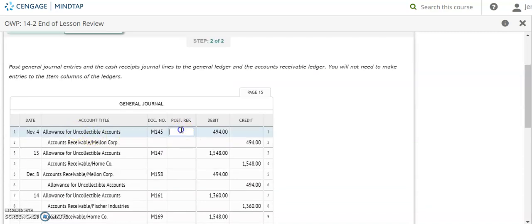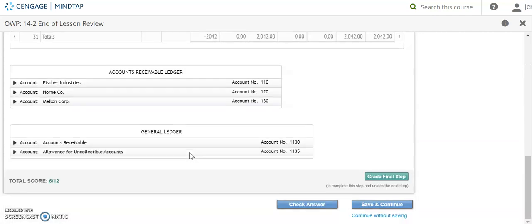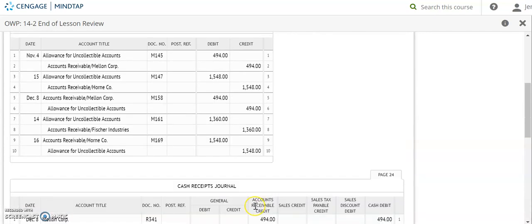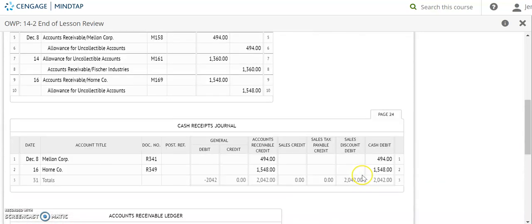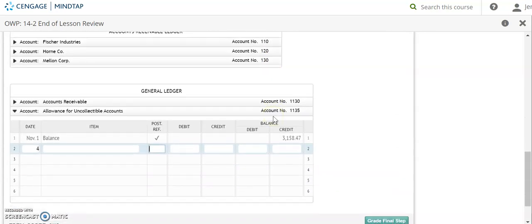Okay, so I'm going to start with the first line of my general journal. I'm going to my allowance for uncollectible accounts, so I'm scrolling down here. The date is November 4th. Post reference, I'm going to use G15 for general journal, page 15. And I'm debiting that account for $494.